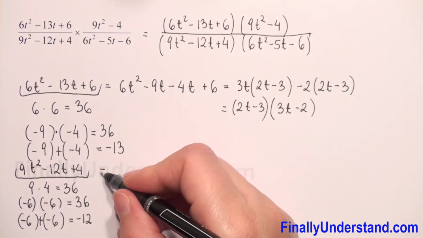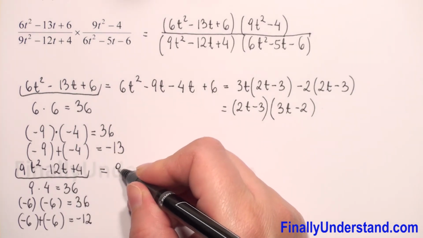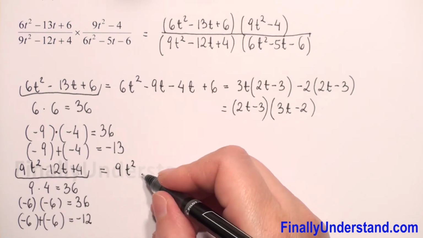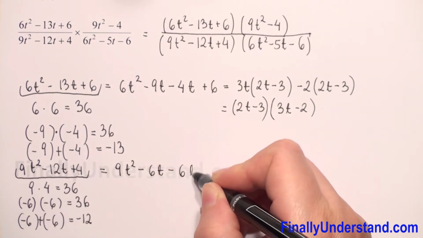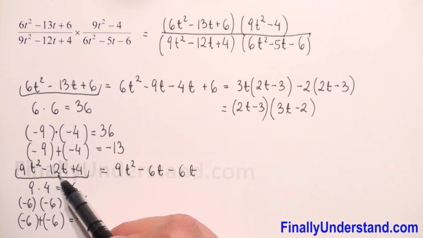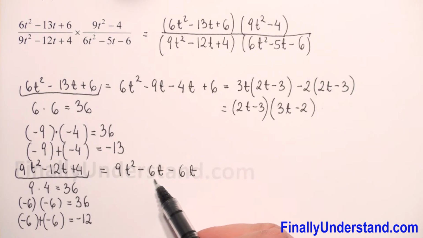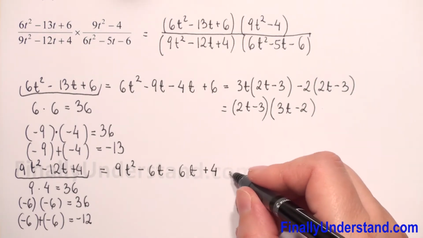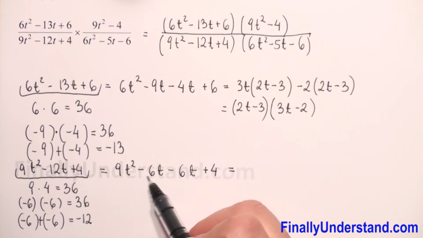So now we can rewrite our general quadratic trinomial to, we copy the first term always, 9t squared, and now we will have minus 6t minus 6t. We have to just rewrite negative 12t to these two terms. It's still negative 12. And we have to put plus 4. So this is equal. Now we can factorize from the first two terms.